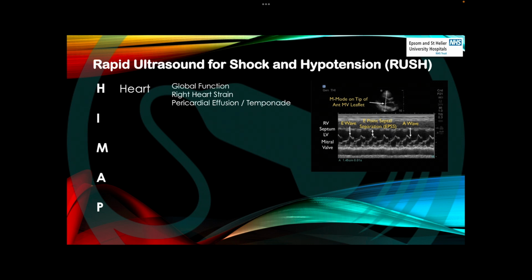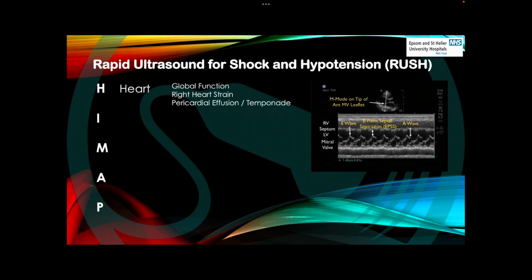If we go to the E point, which is this one, and measure the distance between the E point and the septum, this will give us an idea about the contractility of the heart, or if there is any heart failure. The bigger the EPSS, the E-point septal separation, the lower the ejection fraction.